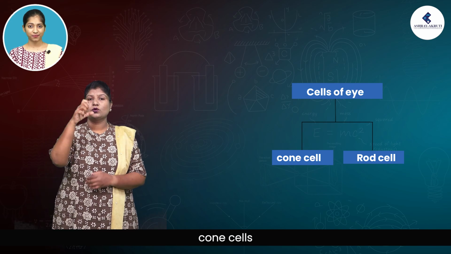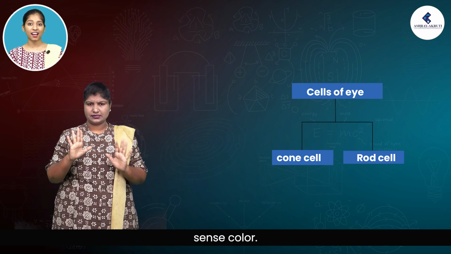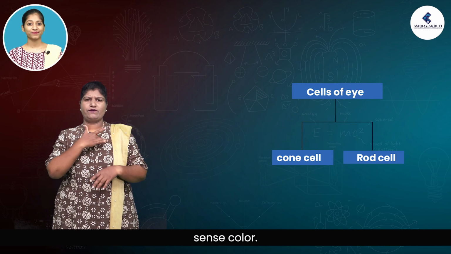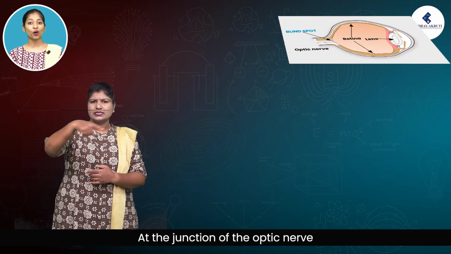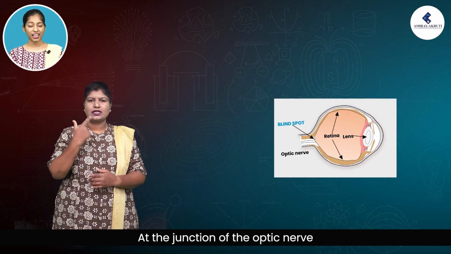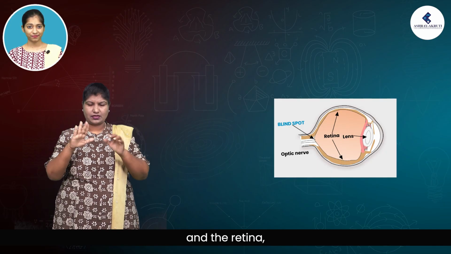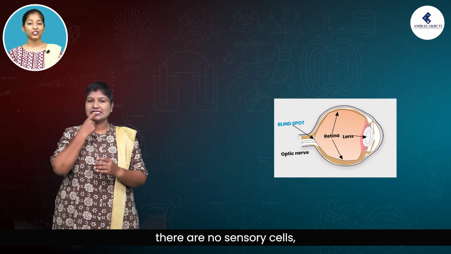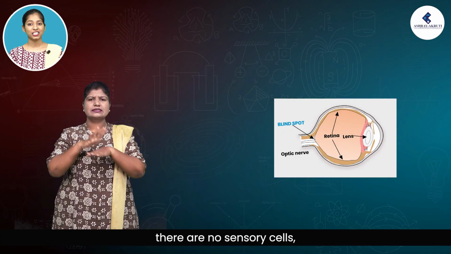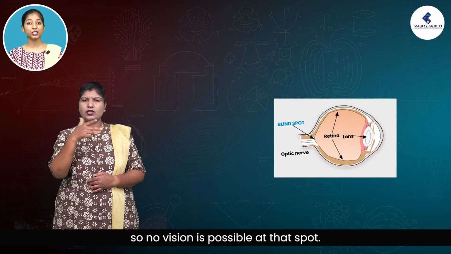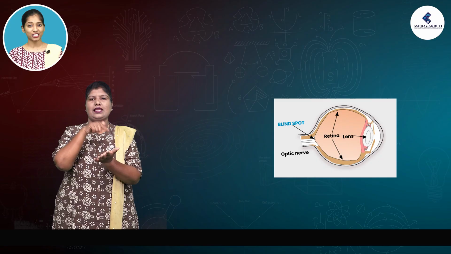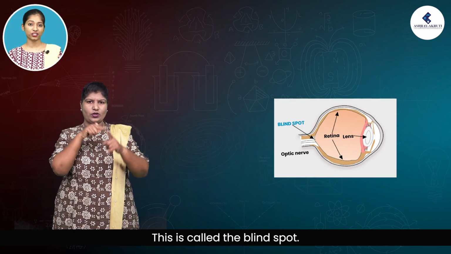Cone cells sense color. At the junction of the optic nerve and the retina, there are no sensory cells, so no vision is possible at that spot. This is called the blind spot.